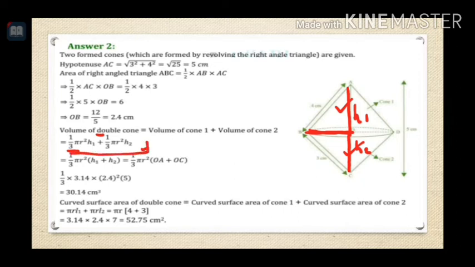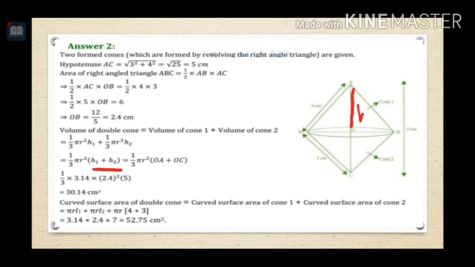From these two expressions, you can take 1/3 pi r square common. Remaining will be h1 plus h2. This is h1, this one is h2. If you add h1 and h2, you will get AC. And what is the value of AC? It is 5 centimeter. So in place of this, it will be 5. Just do the calculation. Volume of double cone will be 30.14 centimeter cube.